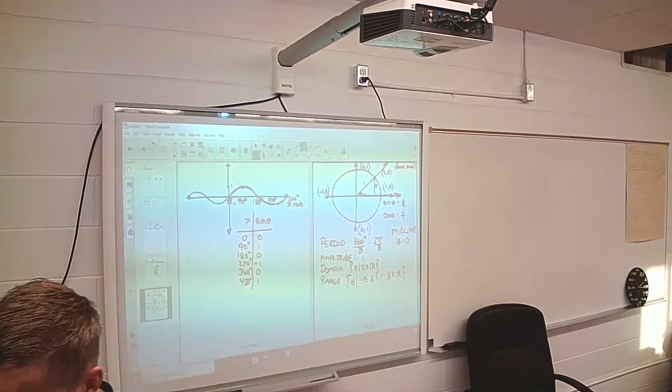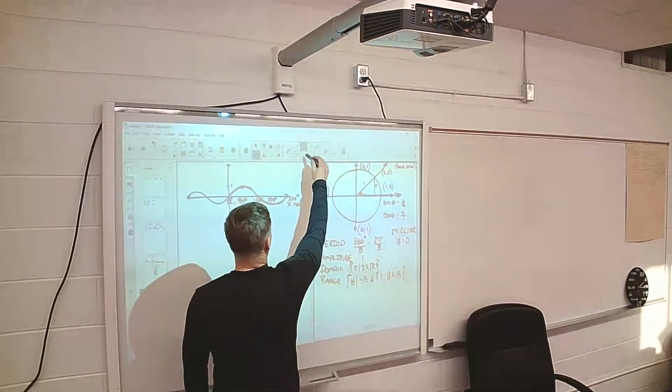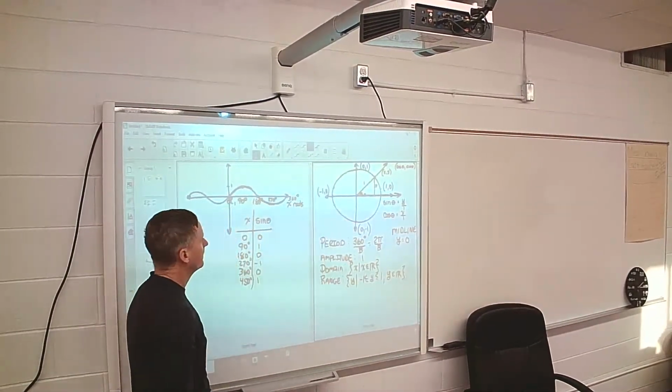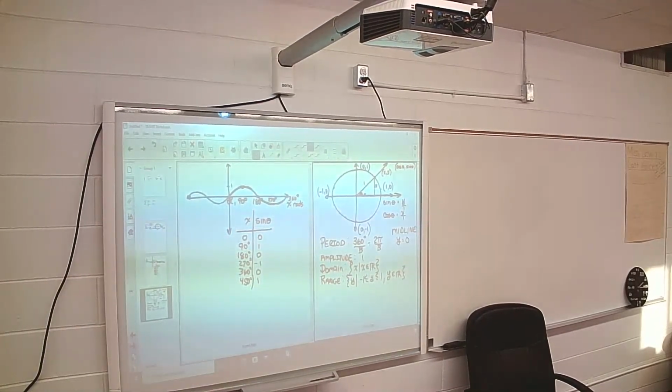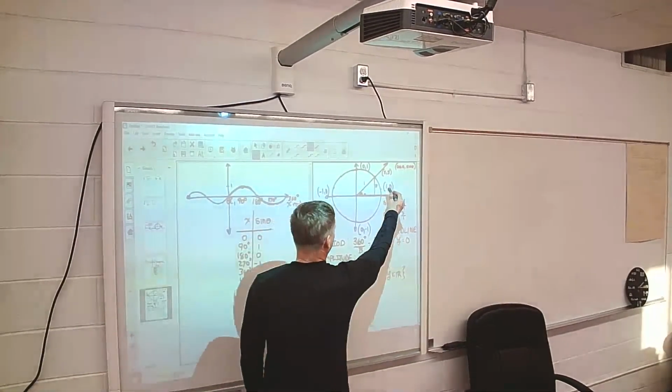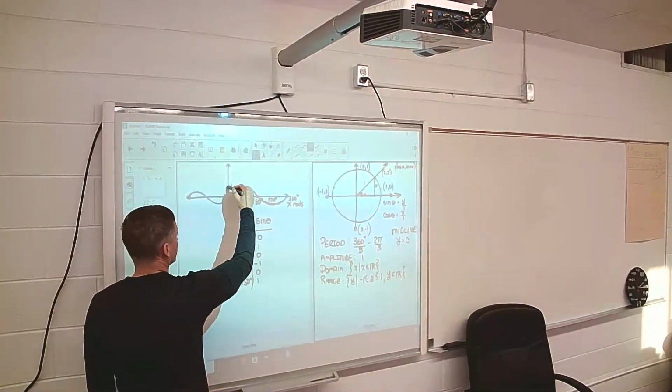Okay. Now, the cosine graph. The difference is the starting point. At 0 degrees, what is the cosine value? 1. Now we're looking at all the x values as we go around the circle. So the cosine starts right here.